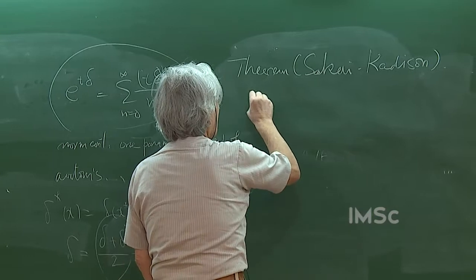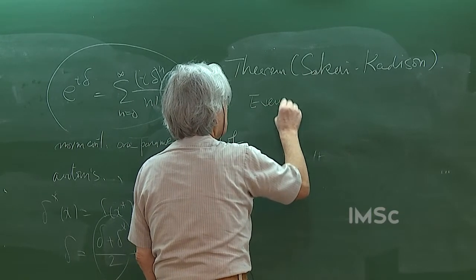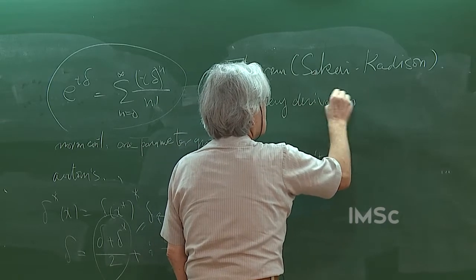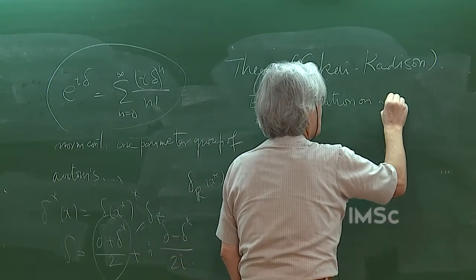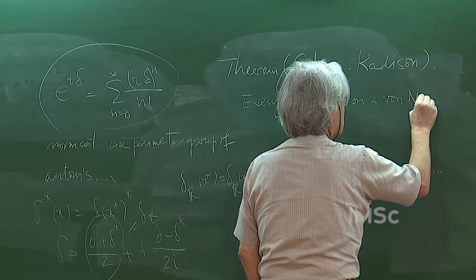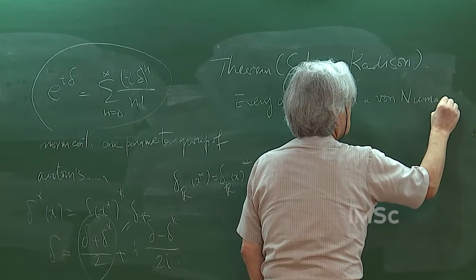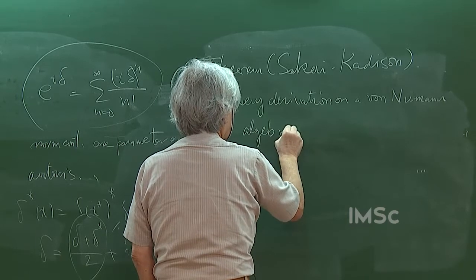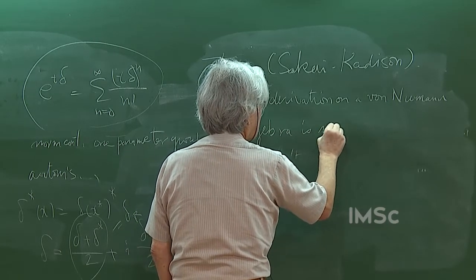That is, every derivation of a von Neumann algebra is inner. What does that mean?